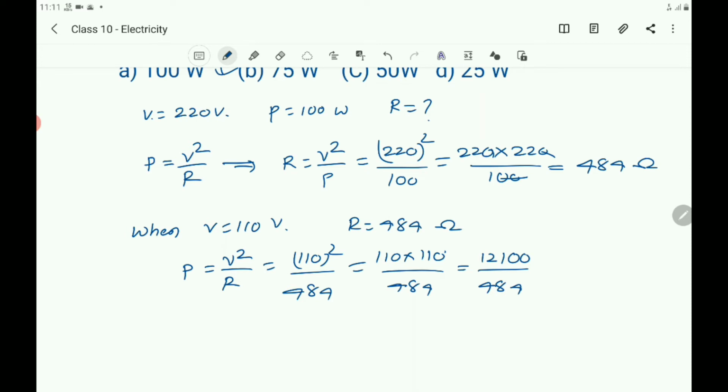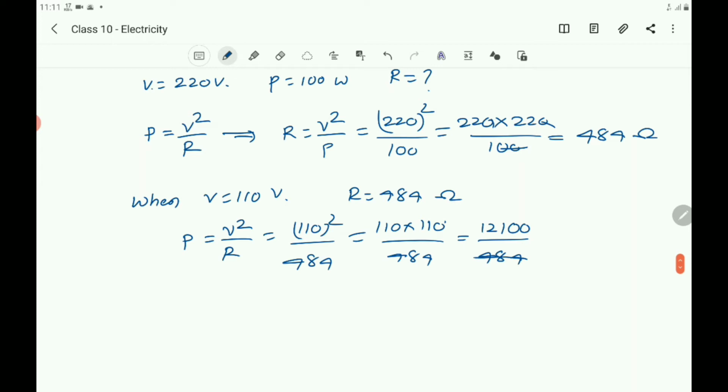Then you can divide and simplify, and you get 25.